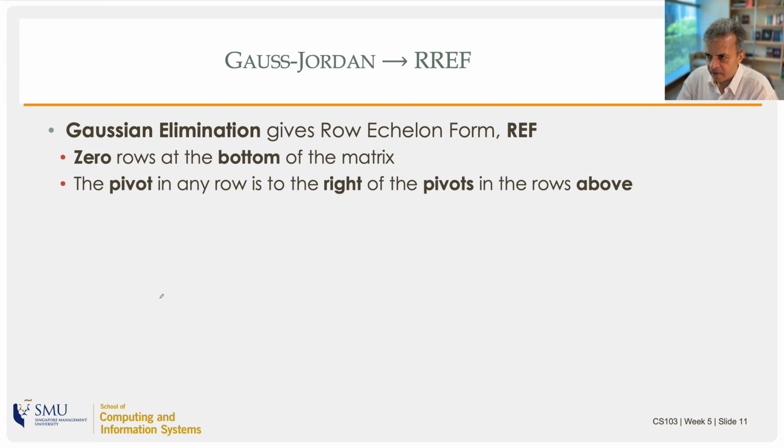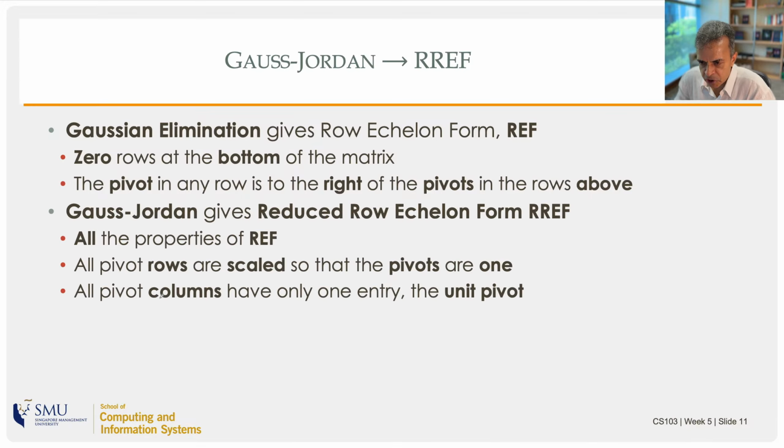As you have seen, RREF is an REF with some extra properties added to it. In REF, you already had 0 rows at the bottom of the matrix, and the pivot in any row is to the right of the pivots in the row above. Gauss-Jordan gives you RREF, so it has all the properties of REF, and then you have scaled all pivot rows so that the pivots are actually 1 unit pivots.